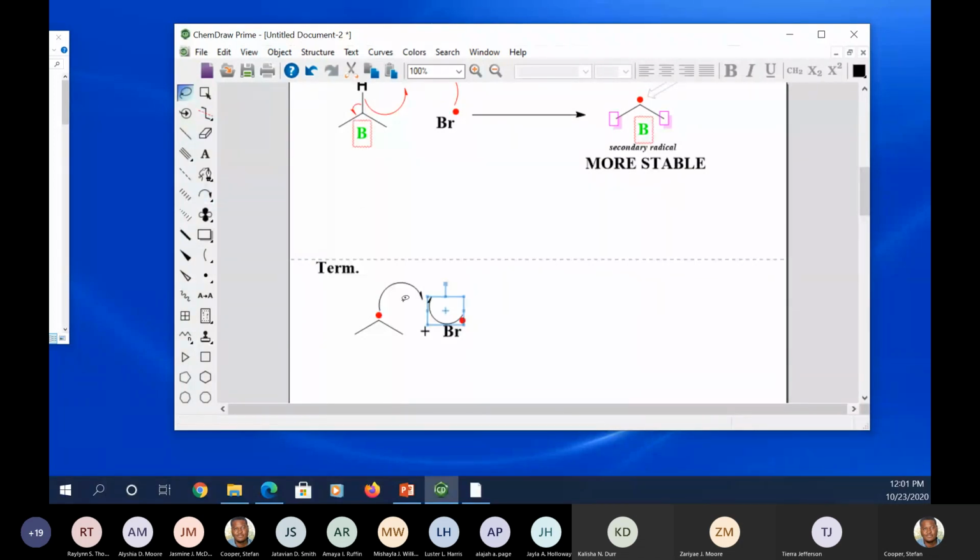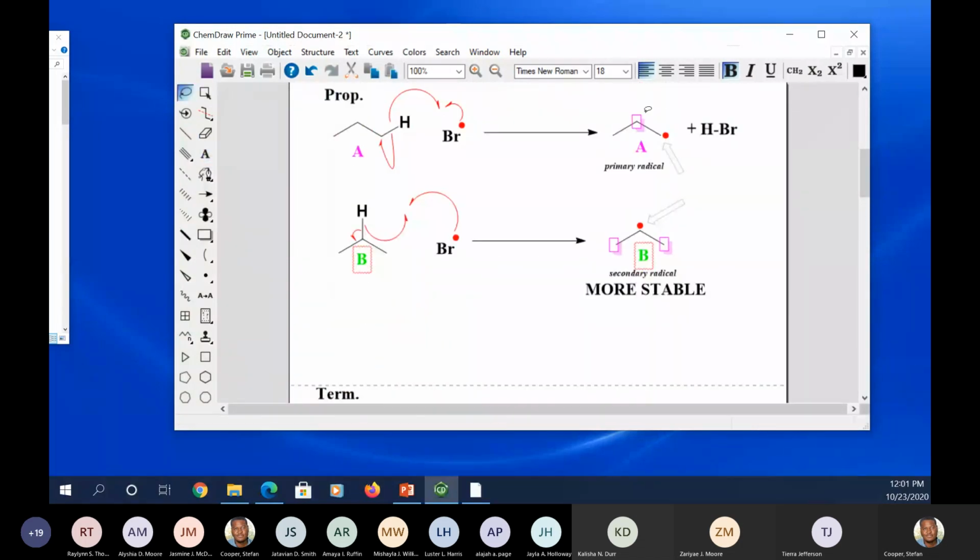These two radicals are going to meet, and they're going to form this compound here. And again, we said that this is the major product.